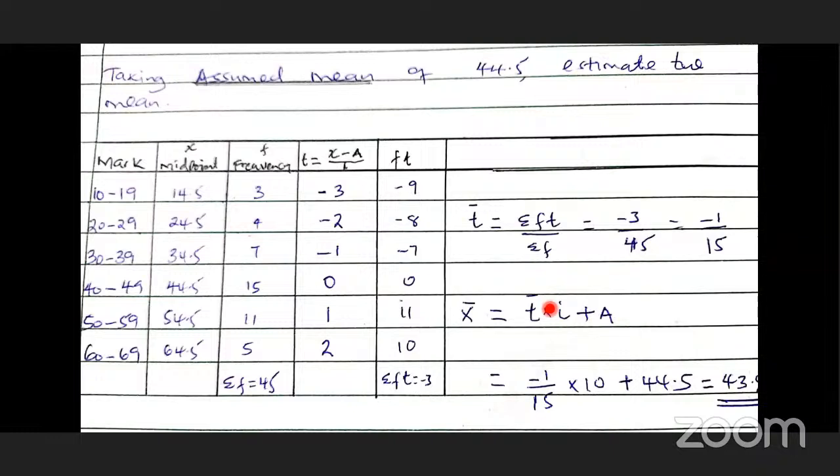So the mean of x is equal to the mean of t that we had obtained, multiplied by the constant we were dividing with, then we add our assumed mean. Like the way Mr. Mbili had talked about, if we had taken the mean to be 20, and we had deviations 1, 3 and 7, we take the mean of the 1 plus 3 plus 7, then later add the 20.